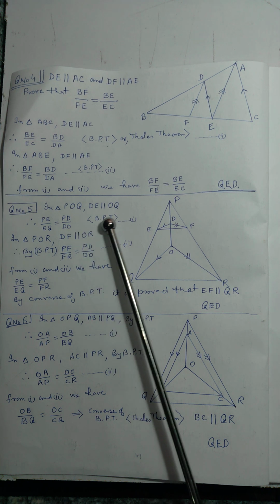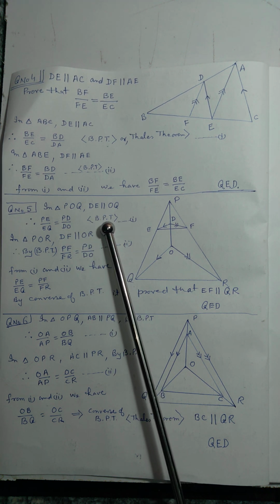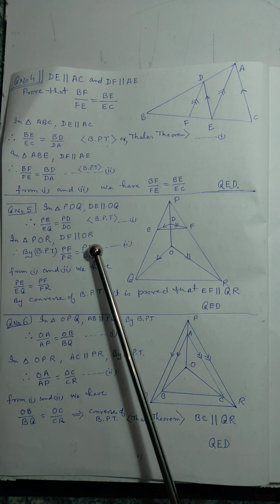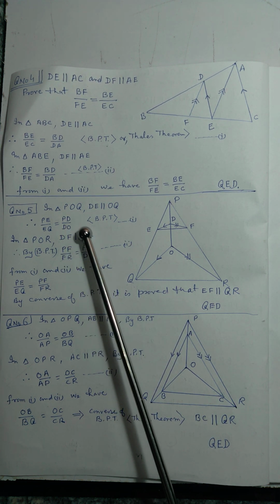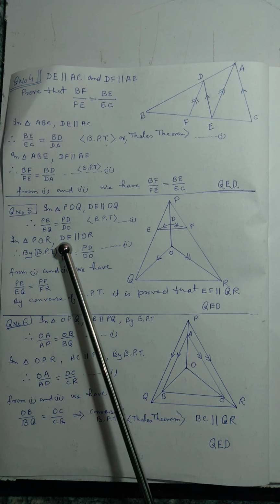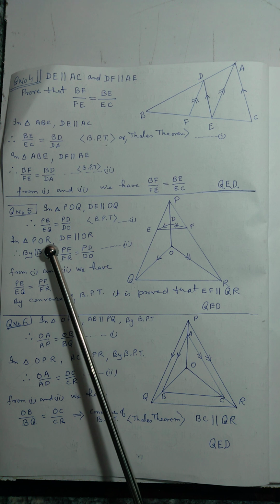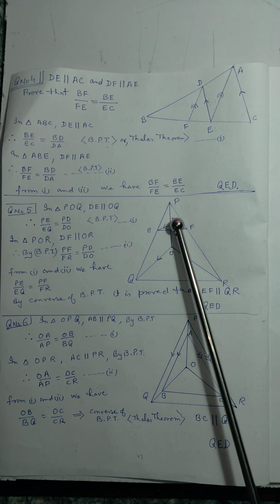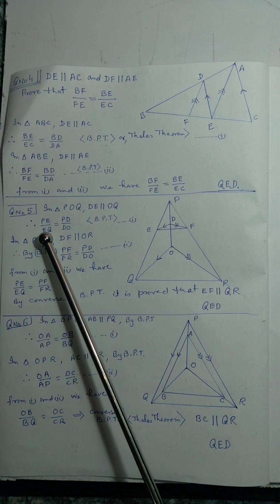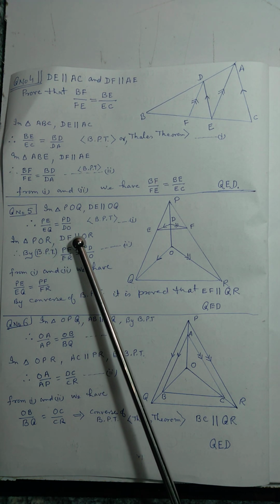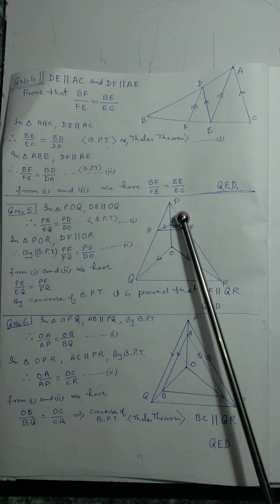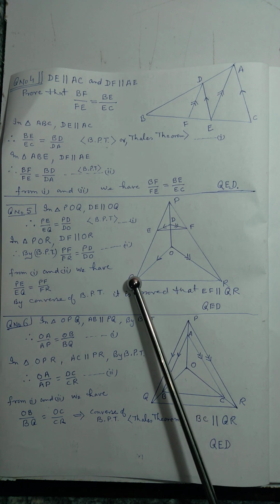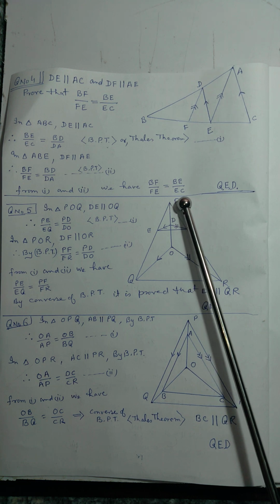In triangle POQ, DE is parallel to OQ. So in triangle POQ, PE upon EQ is equal to PD upon DO.